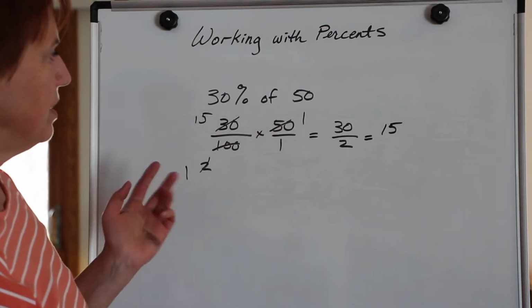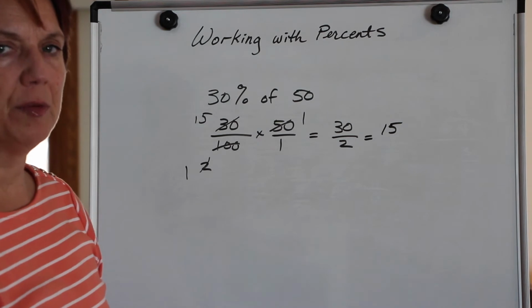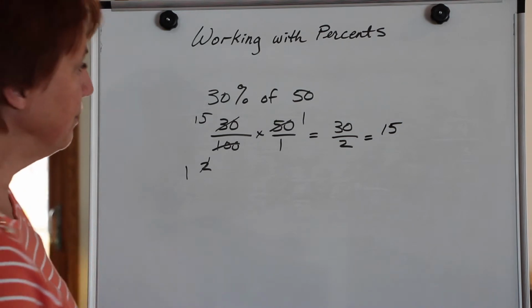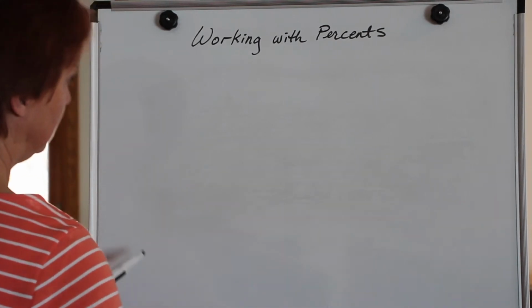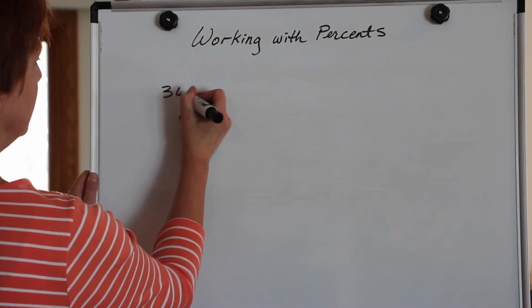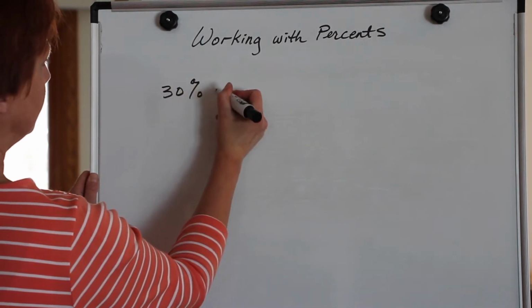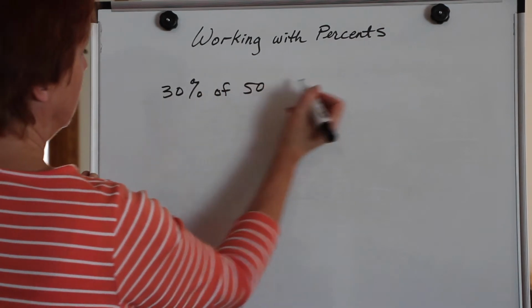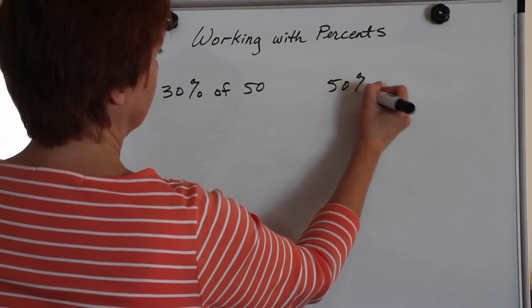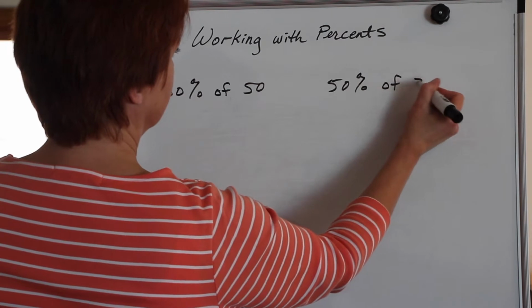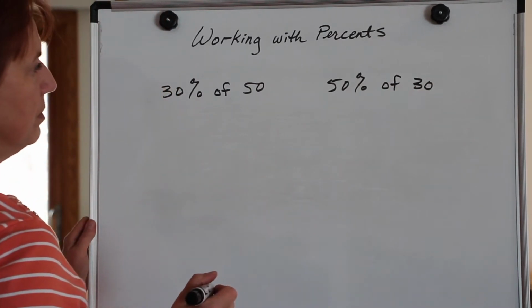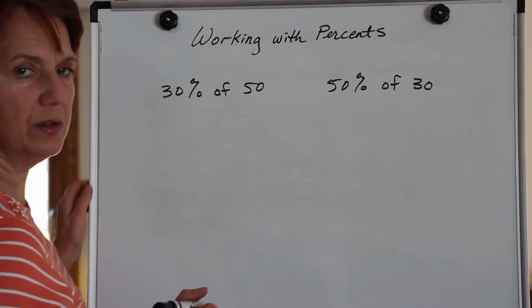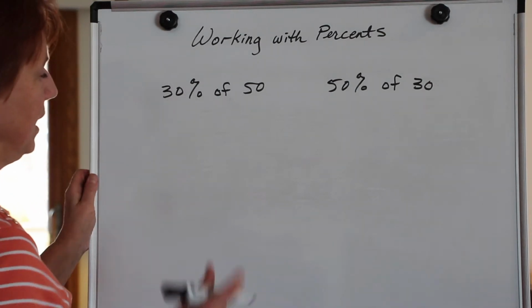Now, did you notice that 30% of 50 is the same as 50% of 30? Does that surprise you? Well, let's see why that's happening. First, let's do 30% of 50, and over here we'll do 50% of 30. We're going to do this with decimals and with multiplication.